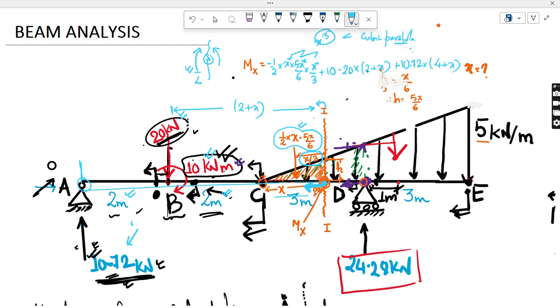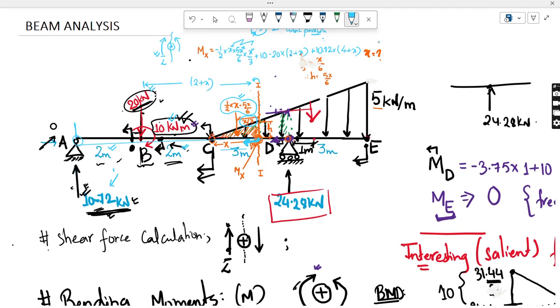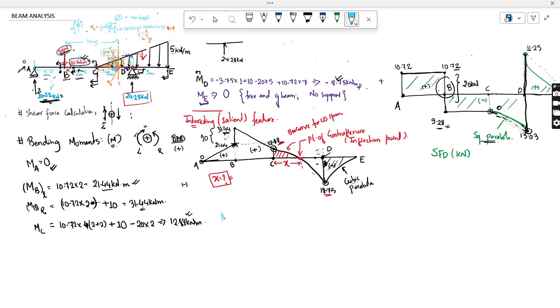So my Mx equation is minus 1 by 2 into x into 5x by 6 into x by 3, plus 10, minus 20 times (2 plus x), plus 10.72 times (4 plus x).